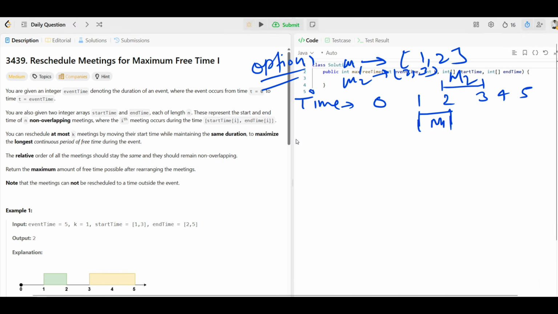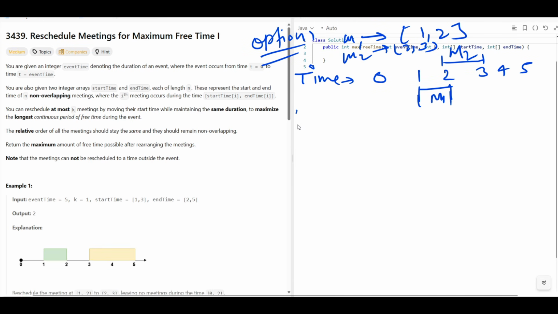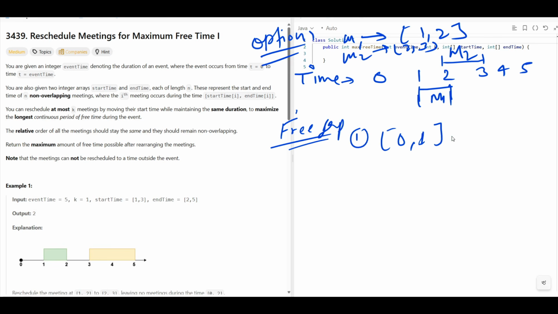So in option 1, let's talk about the free gap. What do we have? The free gap left is 0 to 1, that is 1 unit. Then we have 3 to 4, and 4 to 5.